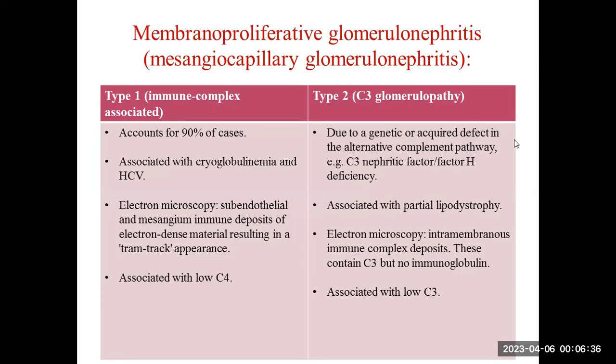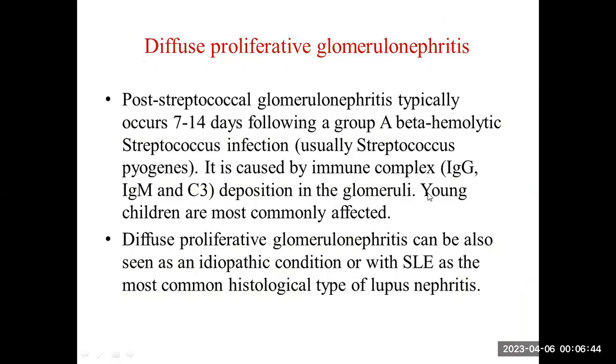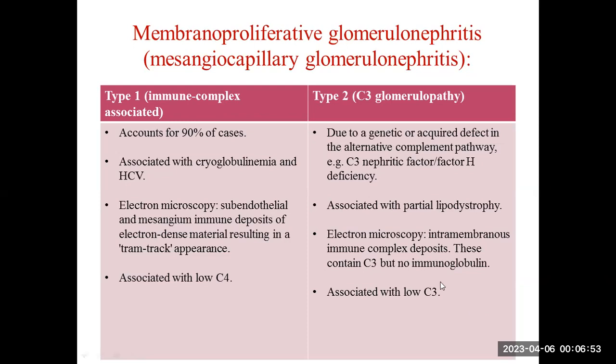And also the second type of membranoproliferative glomerulonephritis. So remember these possible conditions in which there is consumption of C3 proteins. Diffuse proliferative glomerulonephritis could be post-streptococcal or SLE, infective endocarditis, and type 2 membranoproliferative glomerulonephritis as well. Type 1 is associated with low C4, not low C3.